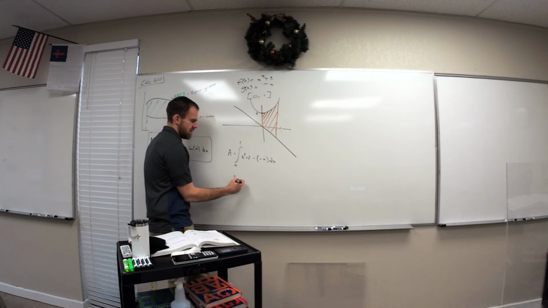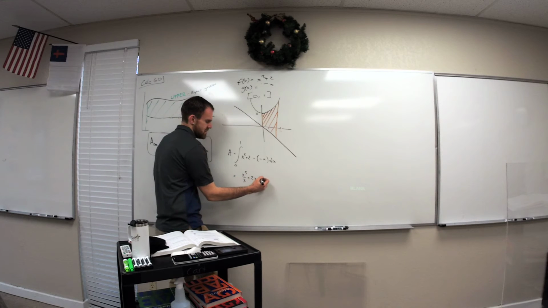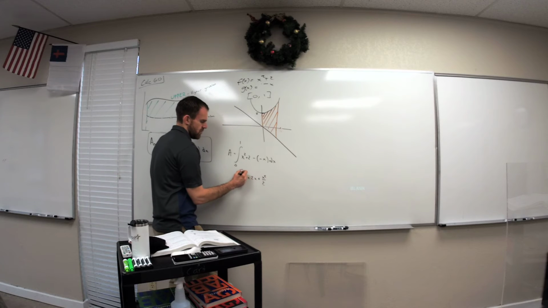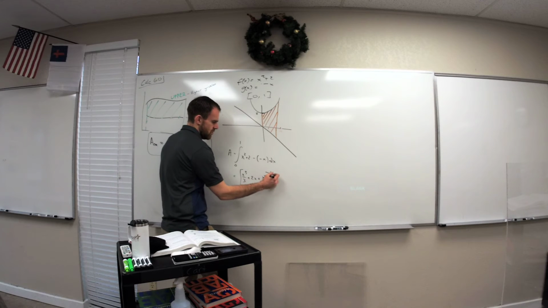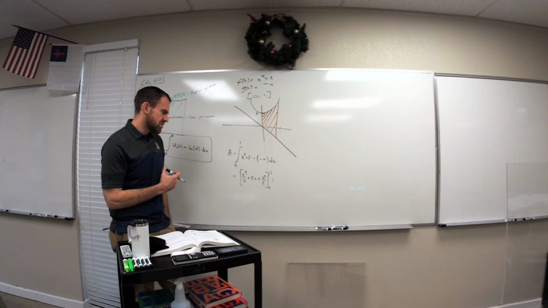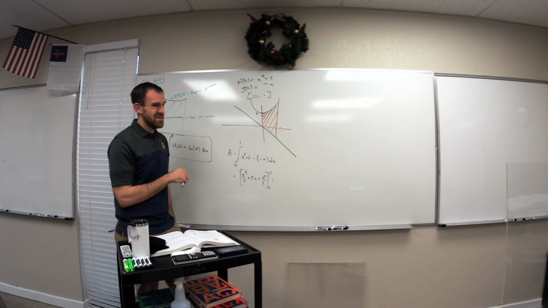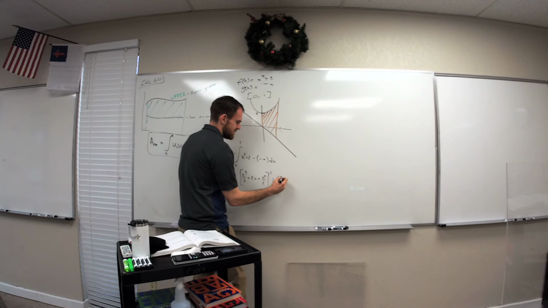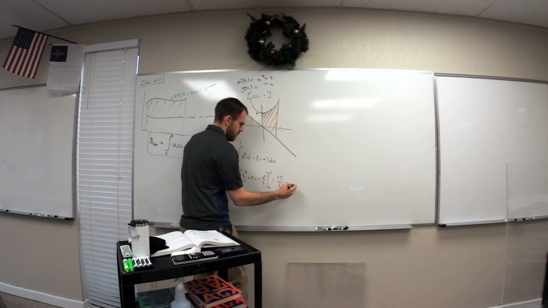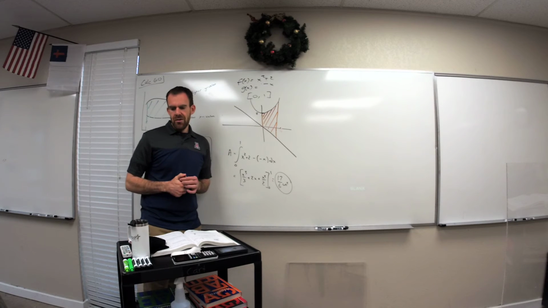So this is x cubed over 3 plus 2x plus x squared over 2 from 0 to 1, which is 1/3 plus 2 plus 1/2, which is 2 and 5/6, which is 17/6. Is that right? I went fast.